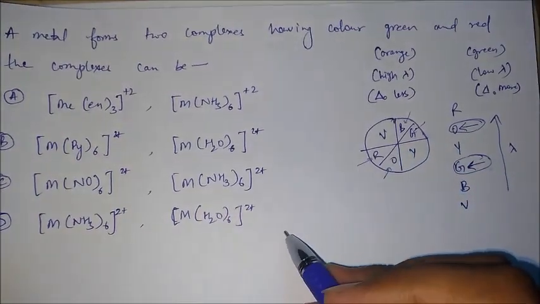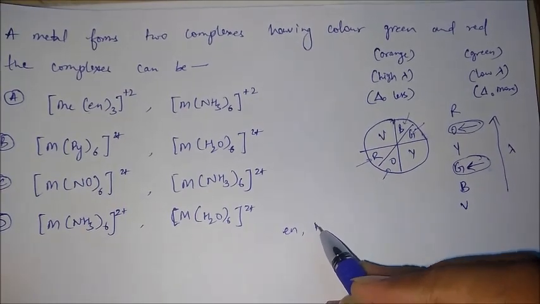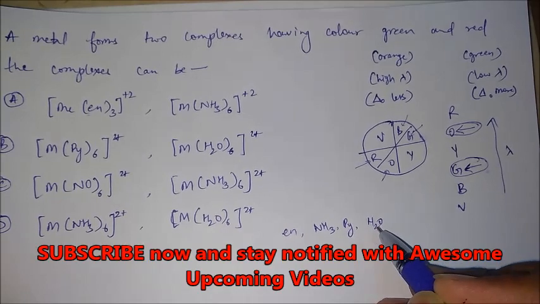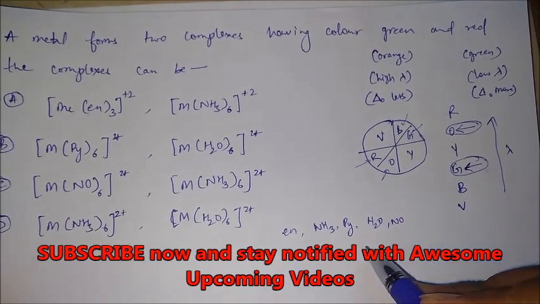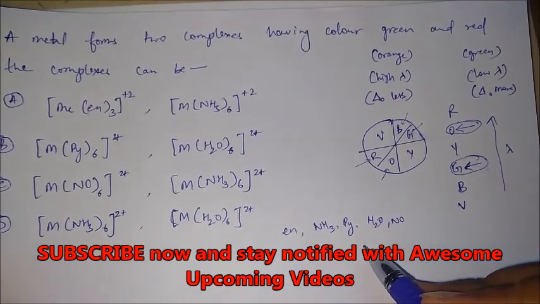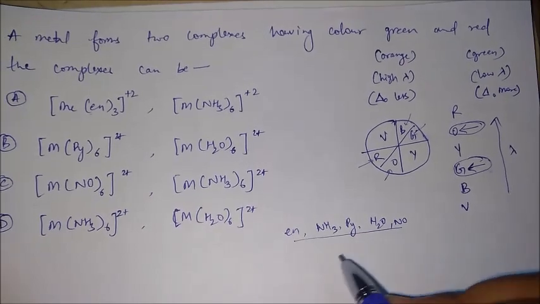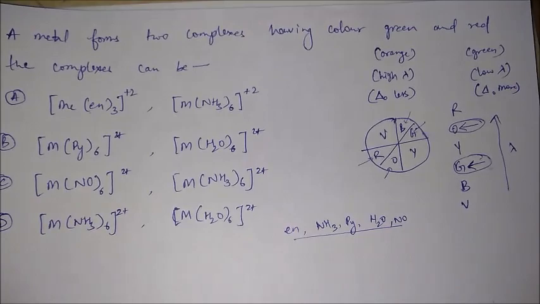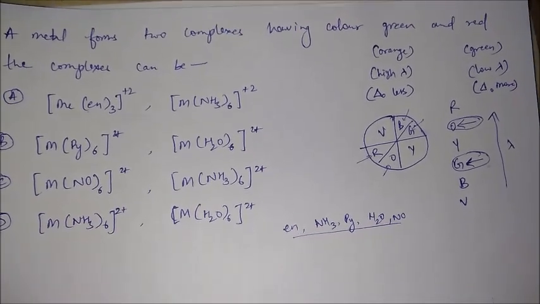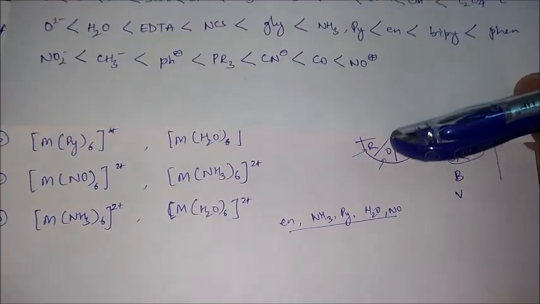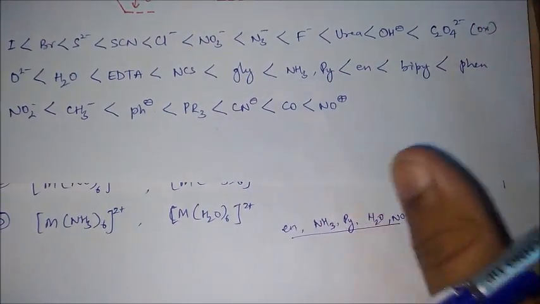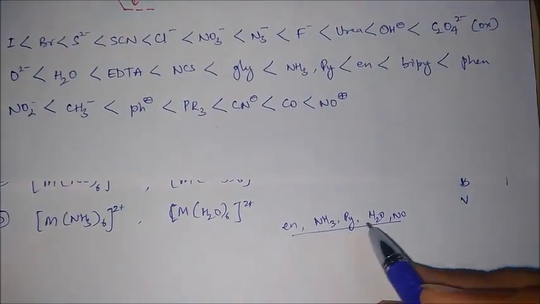So we have ethylene diamine, ammonia, pyridine, water, and then NO. These are the ligands which are given in the question. Now if you see the spectrochemical series, you will find the order.